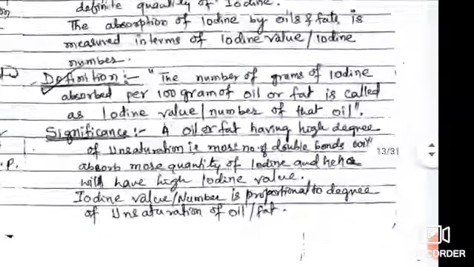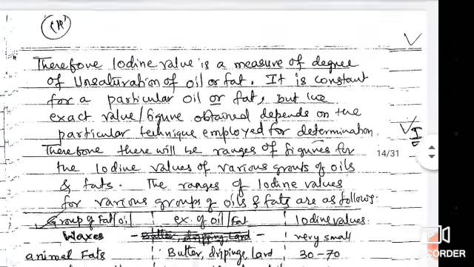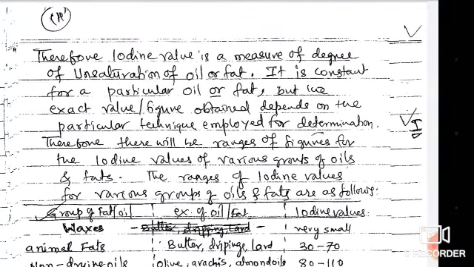See how this iodine value is helpful in determining the characteristics of oil. Therefore, the iodine value is a measure of the degree of unsaturation of an oil or fat. It is a constant for a particular oil or fat, but the exact value obtained depends upon the particular technique employed for the determination.